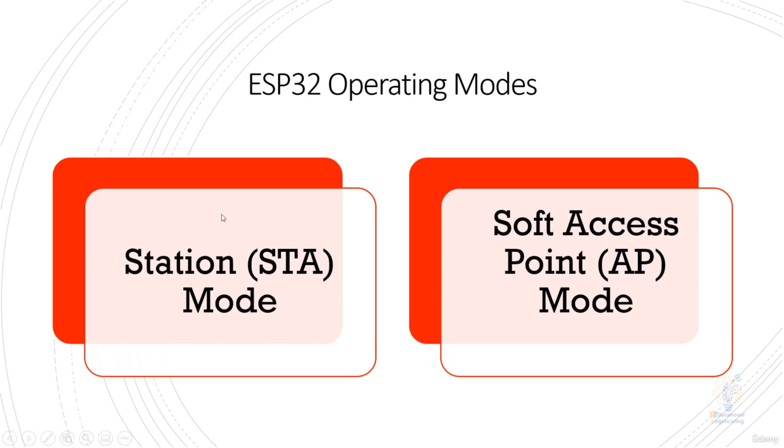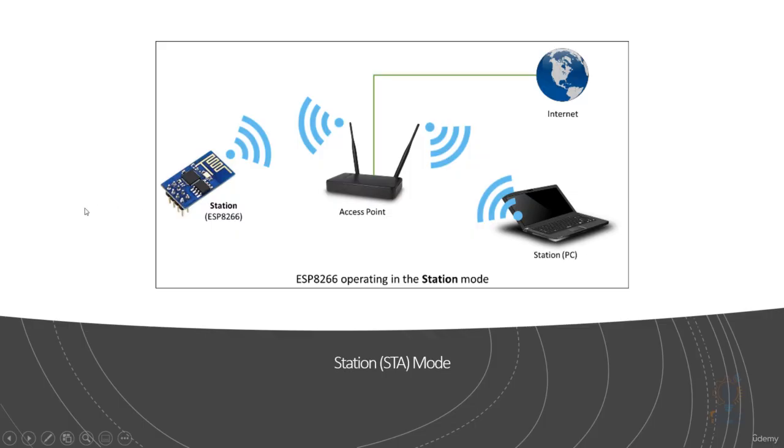Now let's start by covering the station mode. An ESP32 that connects to an existing Wi-Fi network, one created by your wireless router, is called a station, or station mode ESP. In STA mode, ESP32 gets an IP from the wireless router to which it is connected.